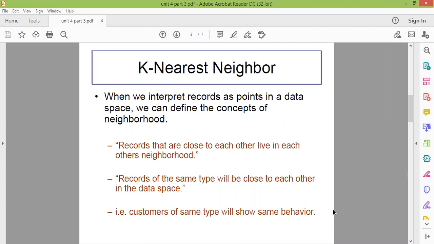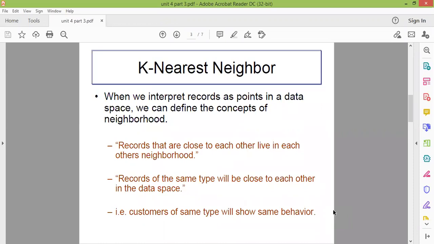This is the same concept, because those who are very similar to each other reside in the same neighborhoods. Records of the same type will be close to each other in the data space. So this technique is based upon the principle that you are considering your neighboring points.